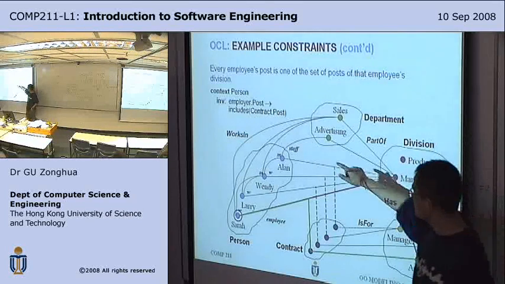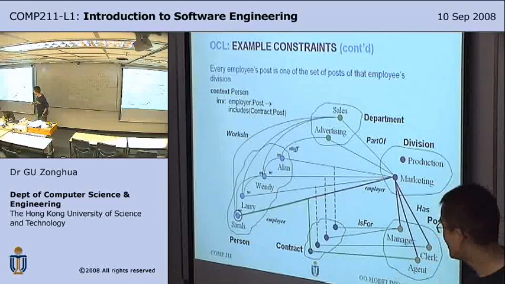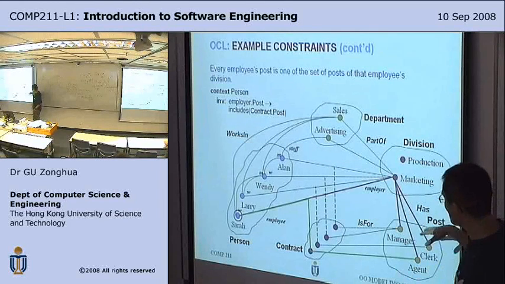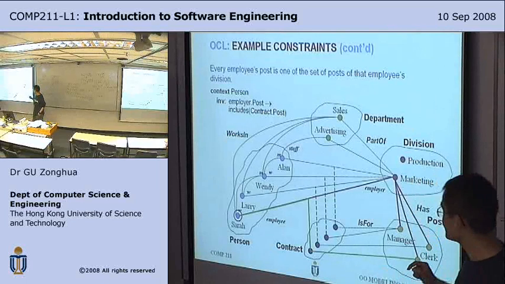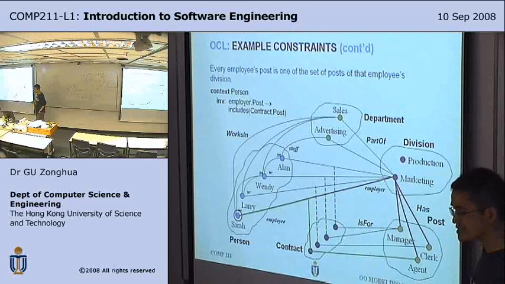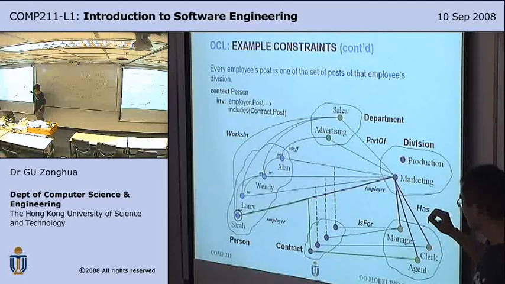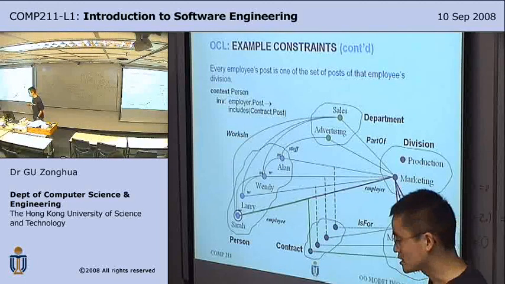The first employer.post returns a set, and then the second contract.post returns one element, one item, and then the set must include the item. So whether it's a set or item depends on whether the association has multiplicity 1 or more.